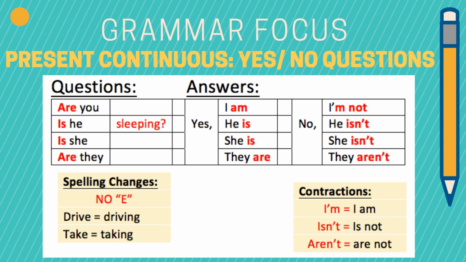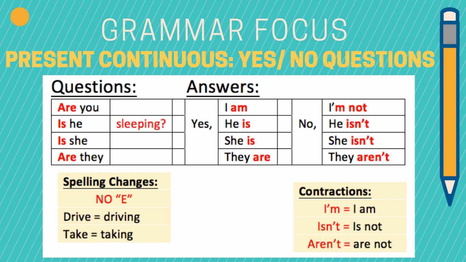When we are answering in the negative, we can use the contraction isn't. Isn't stands for is not. We also, in the negative, can answer questions with the word aren't. Aren't is the contraction for are not.